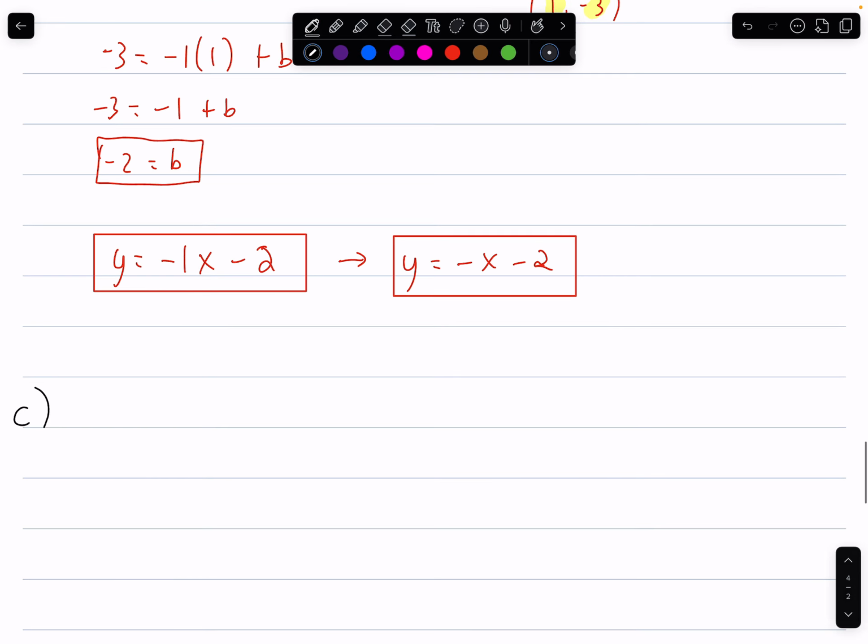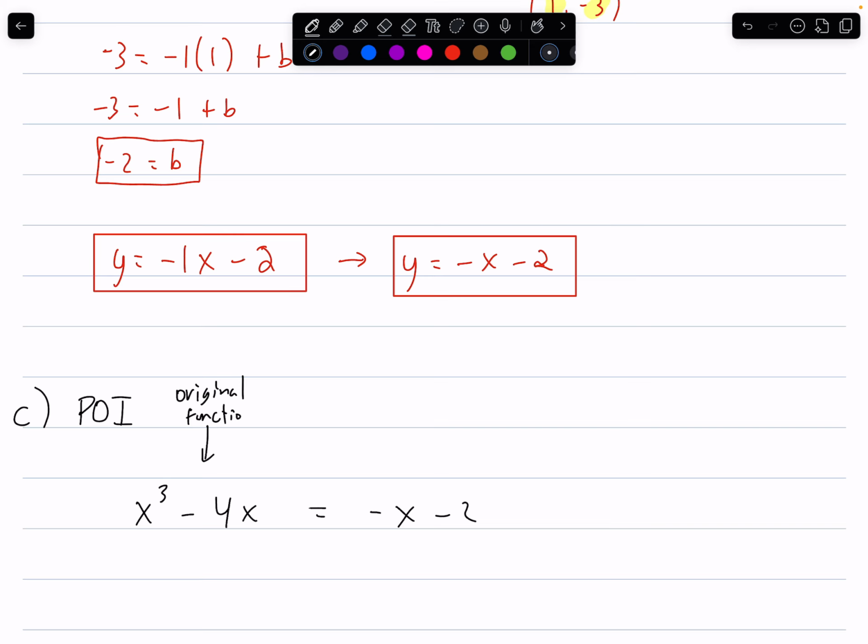The way you find the point of intersection is you equate the original function, which is x cubed minus 4x, to the linear function of the line. So this is the original function, and we're equating it to the equation of the tangent.